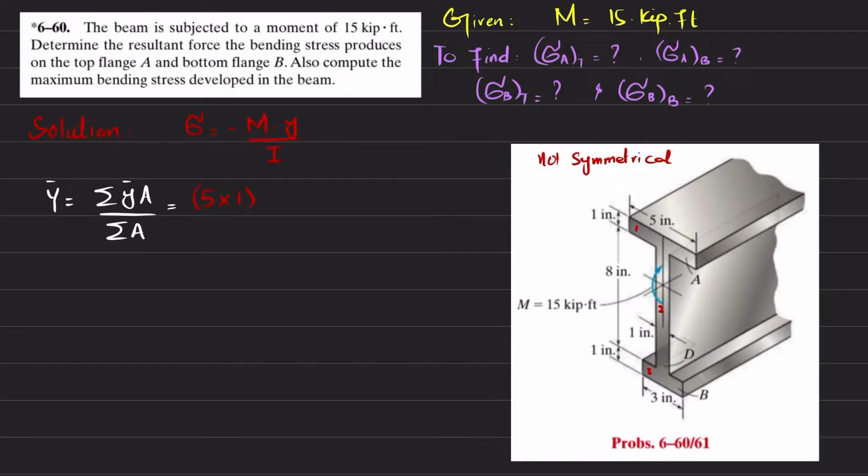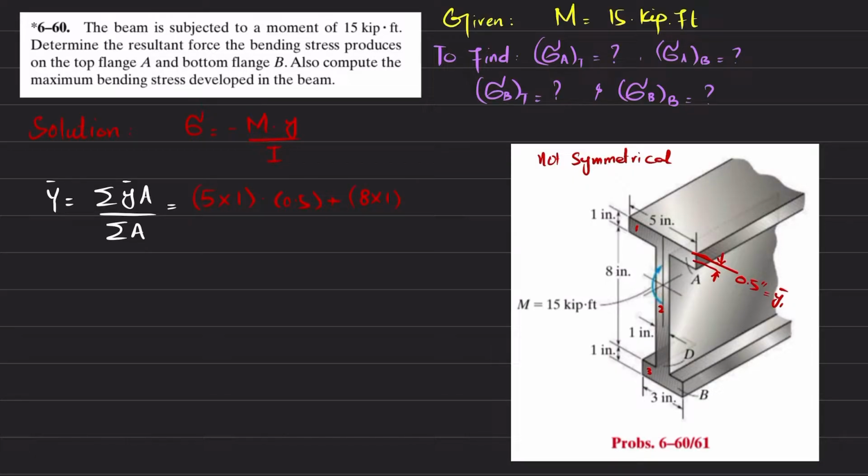If you take this upper surface as a reference, y dash will be half of 1 inch, which is 0.5 inch, and that is y1 bar. So I will write into 0.5 plus, and we go to the second portion, which is this web. This area is 8 by 1 inch, so I will write 8 multiplied by 1.